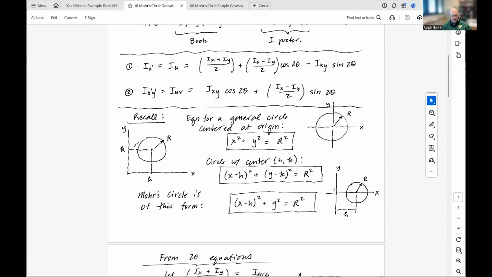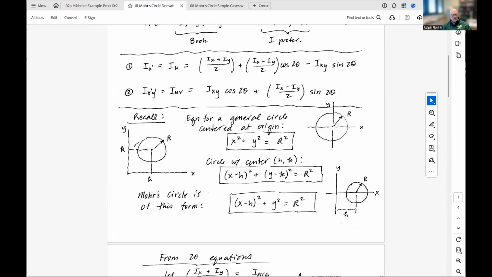The horizontal axis is moment of inertia, so your Ix and Iy and your I average will all plot on this horizontal axis. The vertical axis is going to be product of inertia, Ixy, so Ixy values will plot vertically.